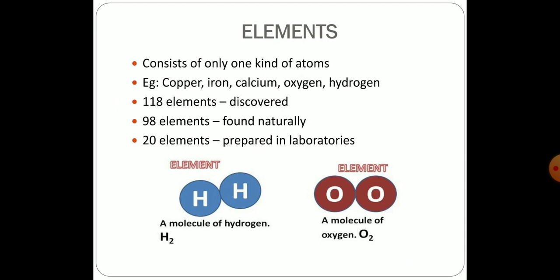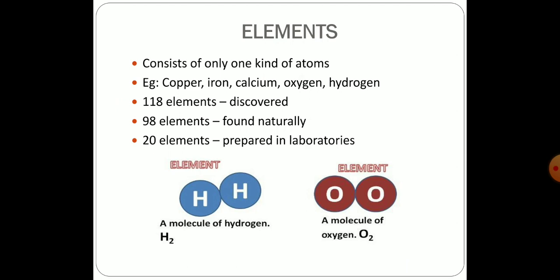Okay, so in total there are 118 elements. How many elements are there on earth? 118 elements. Of that, 98 elements are found naturally. Found naturally means they are found on earth. Yes, gold is found in earth. Similarly, carbon is also found in earth. Then there are 20 elements which are prepared in the laboratory.